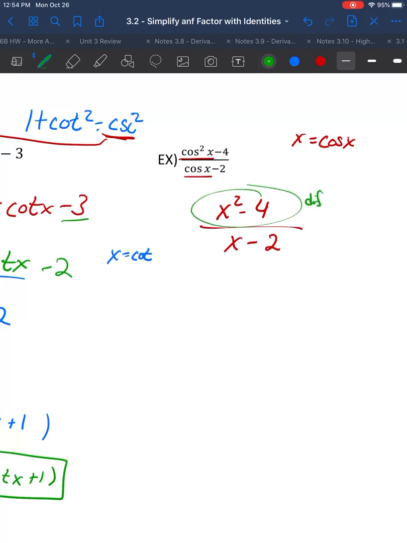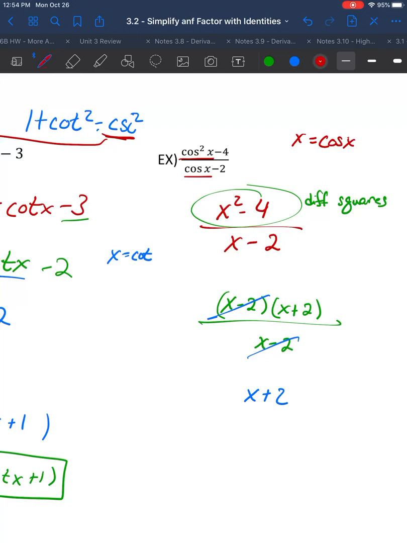Right here, I have a difference of squares. Difference of squares would be x minus 2, x plus 2 over my denominator. Now I have a factor of x plus 2 in the numerator and denominator. But then replace x with what it originally was, so I get cosine of x plus 2.